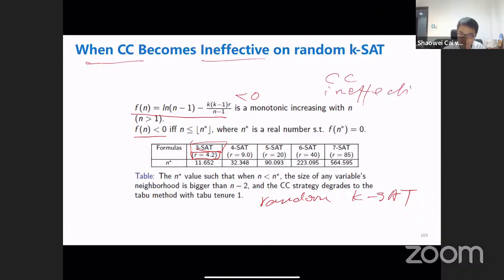It actually becomes a trivial case. Trivial case means it only forbids one variable, so it becomes a taboo method with taboo tenure 1. But this rarely happens. In this random model, it only happens when n is smaller than n star, and this n star is very small, right?